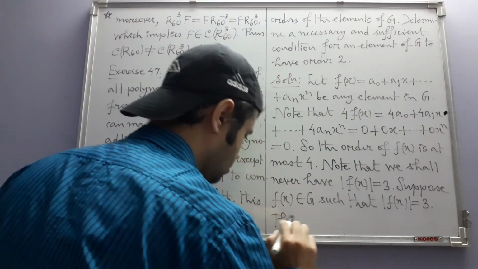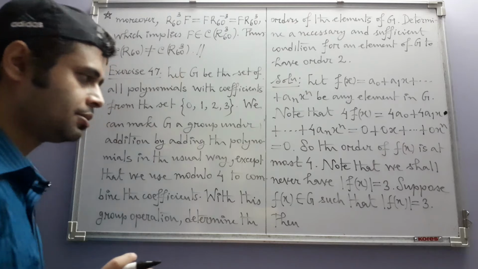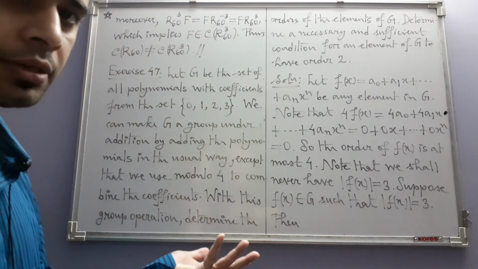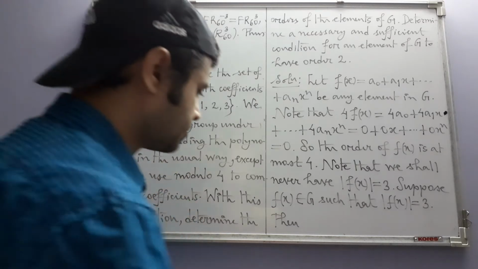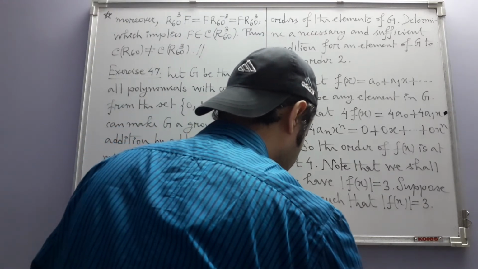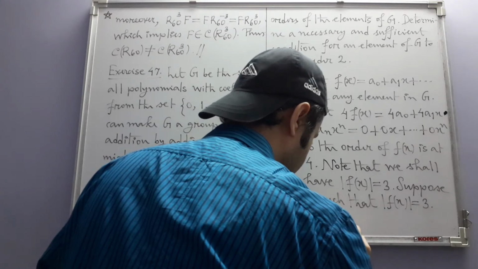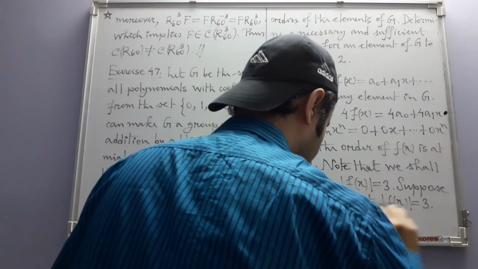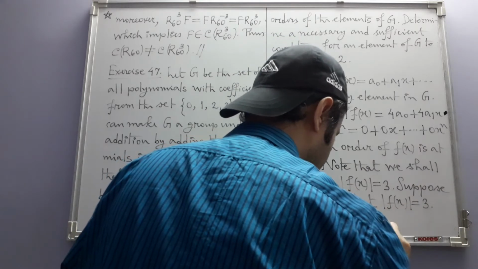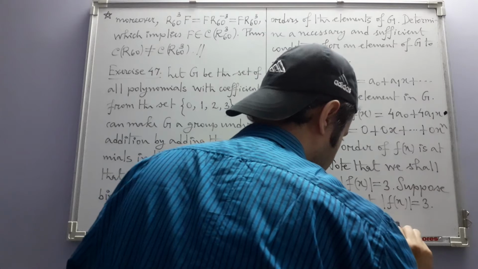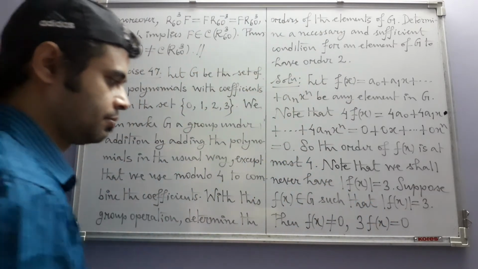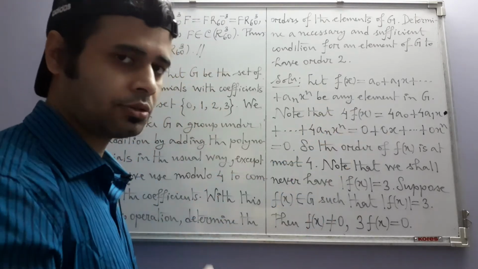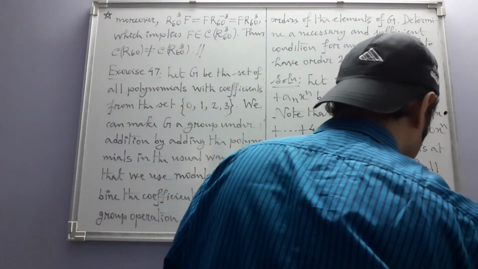Then first of all, f(x) is not the 0 polynomial, because the 0 polynomial is the identity element in the group which has order 1. So then f(x) is not equal to 0, that is one thing. And also from this we see that 3f(x) is equal to 0. But at the same time 4f(x) is always 0 for any f(x).